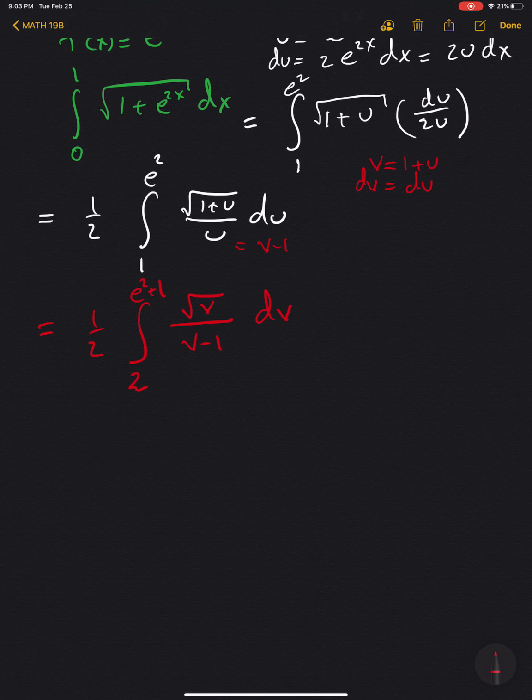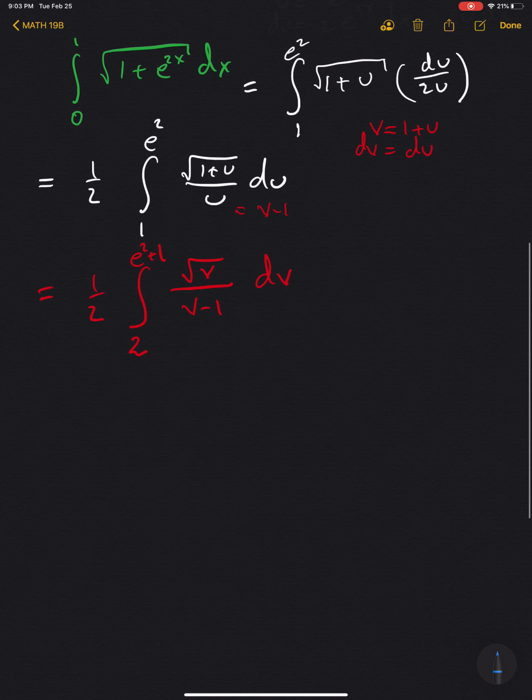Again, this one looks nicer, but still we are not in a good position to work it out. So let's do another substitution. Let's do w equals the square root of v. So that will make dw to be 1 over 2 times the square root of v dv. But notice that this bottom part, the square root of v, is the precise same definition as w.